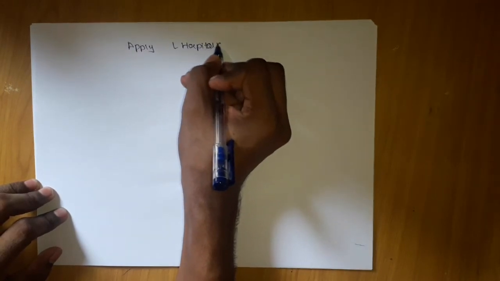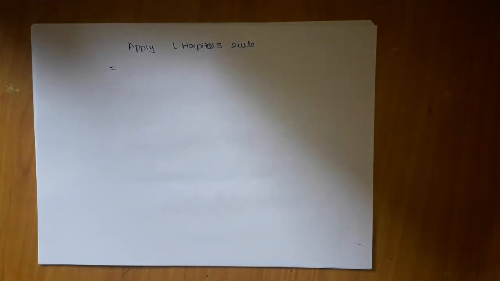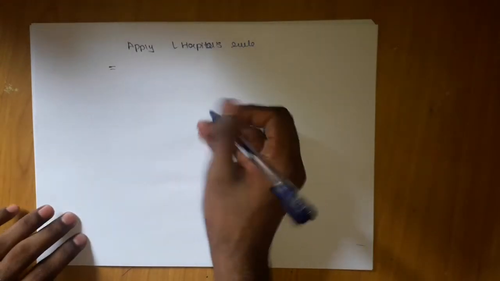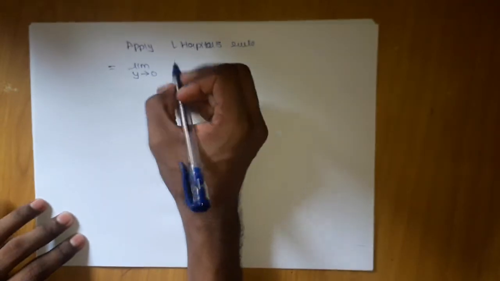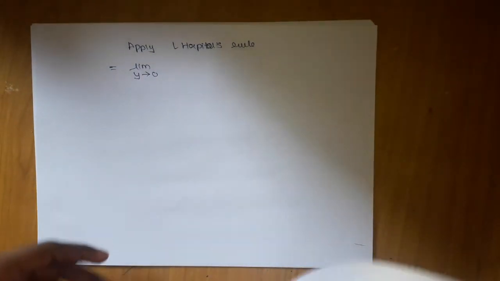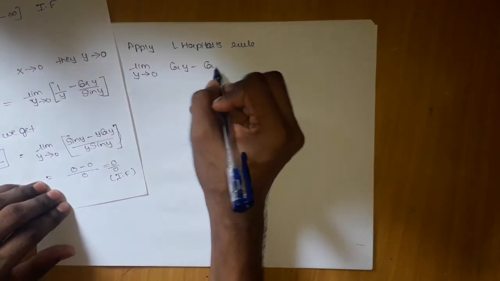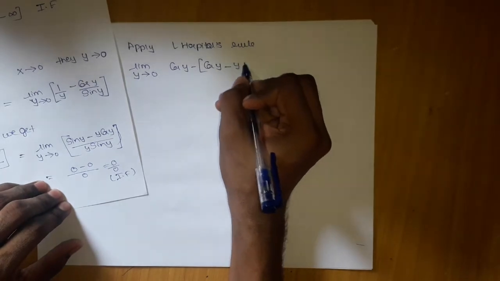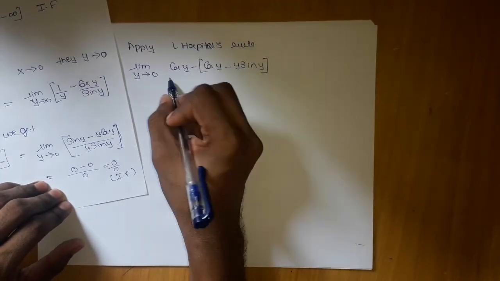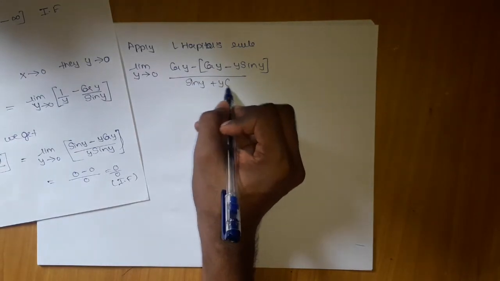Apply L'Hopital's rule. The moment I apply L'Hopital's rule, what are we getting? If I differentiate it, sin y will become cos y, and minus y cos y will become minus cos y plus y sin y, so we get (cos y minus cos y plus y sin y) upon (sin y plus y cos y).